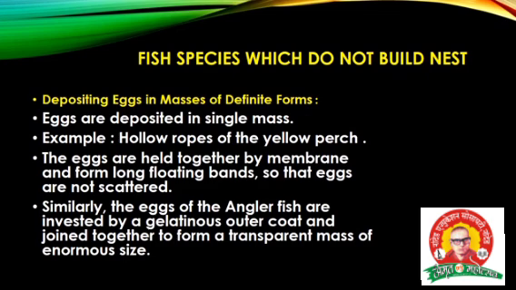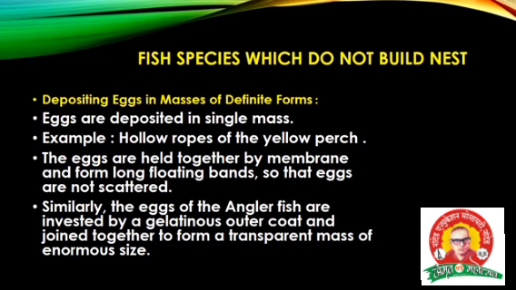Next we see the example of fish species which do not build a nest. We already saw fish species which build the nest. Number one example is deposition of eggs in masses of definite forms. In this, the eggs are deposited in a single mass.